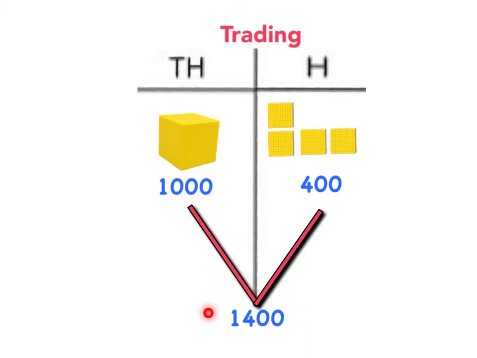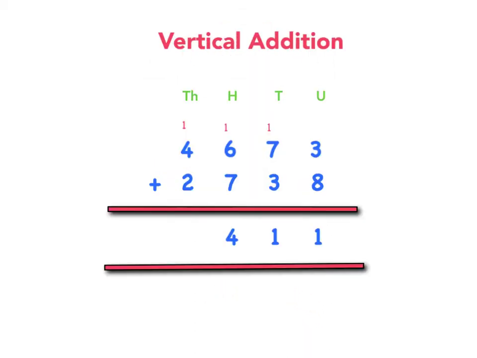Let's see what this looks like in our sum. So you can see here that the 400 remains in the hundreds column, and the 1000 gets traded across to the thousands column. We now have 1000 plus 4000 plus 2000 to finish off our sum.